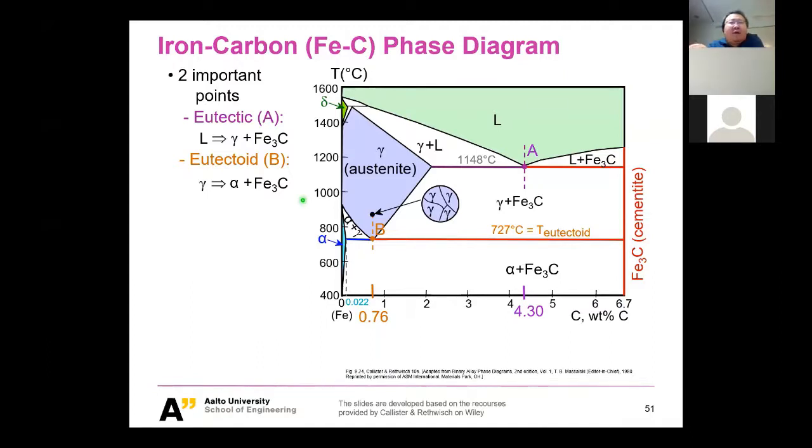Yeah. All right. So I think with that explanation, you should be more or less quite familiar with this phase diagram, the iron carbon phase diagram. Now we're going to talk about some interesting features because we always want to know for these different phases, what is their difference in terms of microstructure, right?